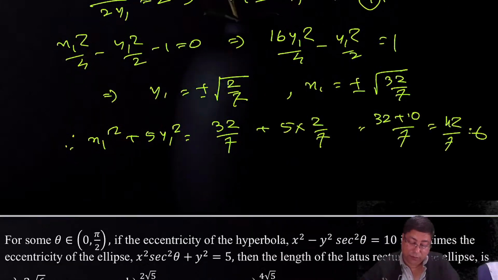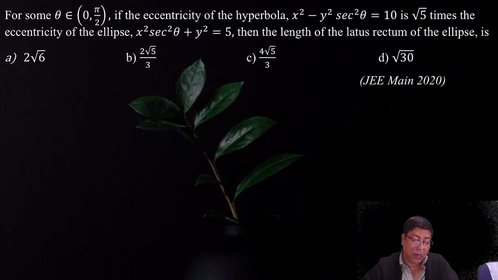Next, and here to solve the sum very promptly. Next sum: for some theta belongs to (0, pi by 2), if the eccentricity of the hyperbola x square minus y square sec square theta equal to 10 is root 5 times the eccentricity of the ellipse x square sec square theta plus y square equal to 5, then the length of the latus rectum of the ellipse. What to do?